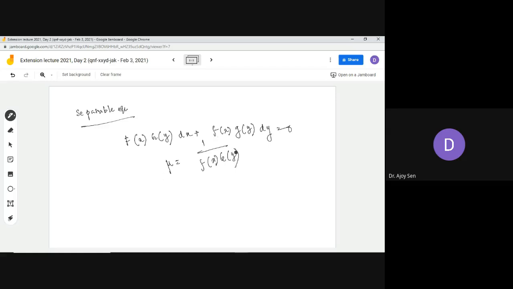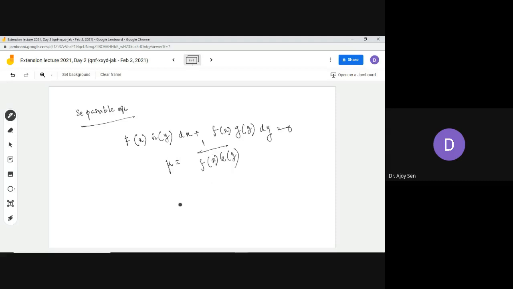If you multiply this throughout the equation, this thing will multiply by this, and g(y) cancels out, and it will become f'(x) by f(x) dx, and this thing will become g'(y) by g(y) dy. So you see the x part and y part separate out. You know what to do whenever you have only a function of x on one side and only a function of y on the other side. You just take integration, and that's how we can solve the equation. It's very easy.